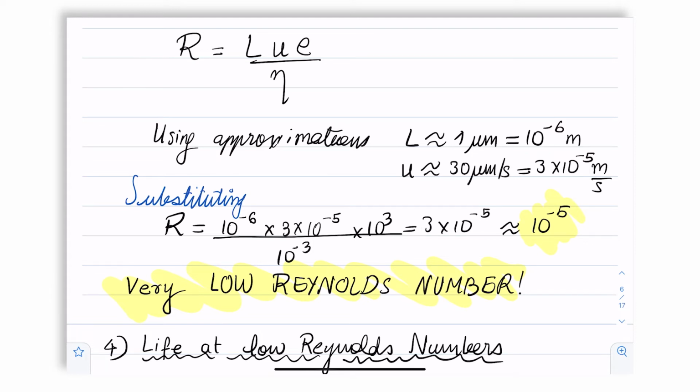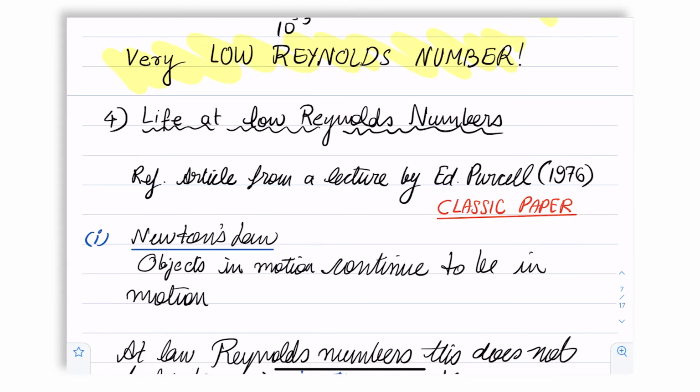So when we return, I'm going to talk about what happens to living systems at a cellular scale. Remember, this is cellular biophysics, when the Reynolds numbers are this low. So we've spoken so far about Reynolds numbers and how we can obtain very low Reynolds numbers in the case of cells.